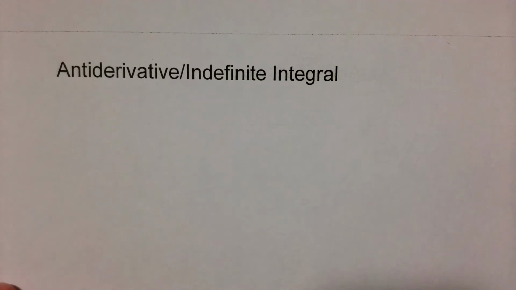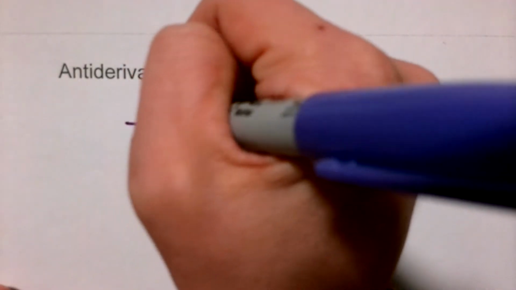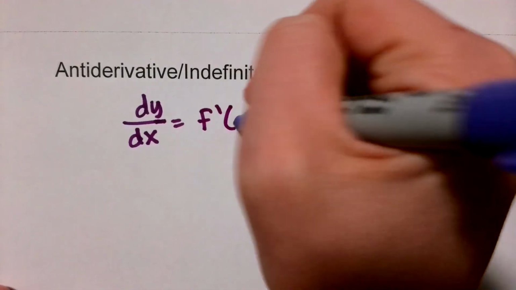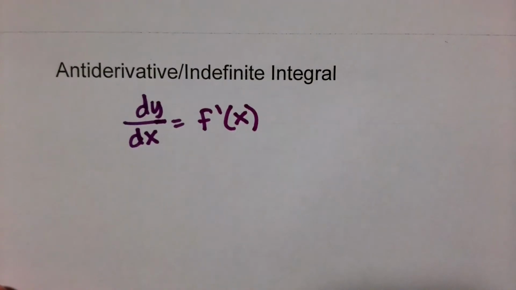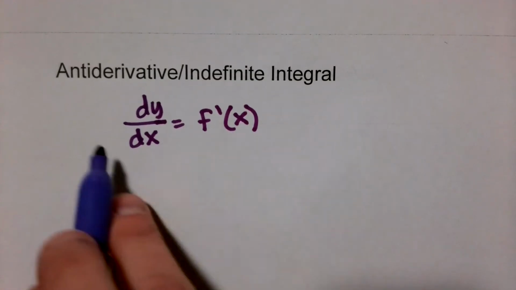So first, a little bit of notation. If I'm starting with a derivative, so we've got our dy dx, our derivative of y with respect to x, equaling some f prime of x, and we are wanting to integrate. The notation that happens here is that we would actually move our dx to the other side, like we're multiplying it to both sides.